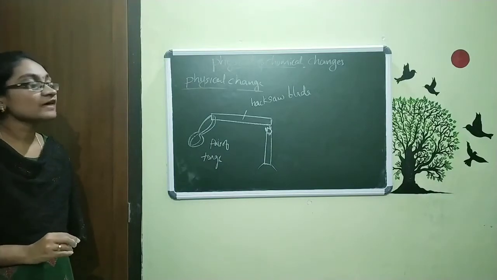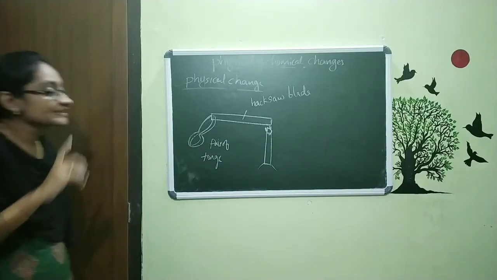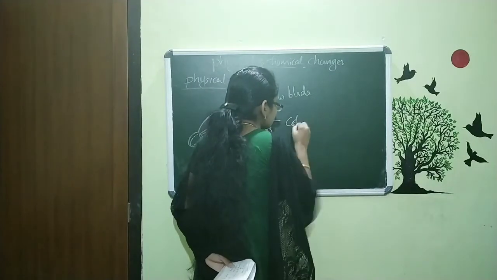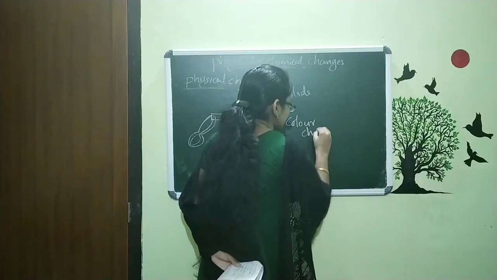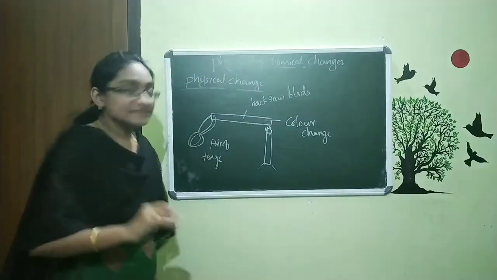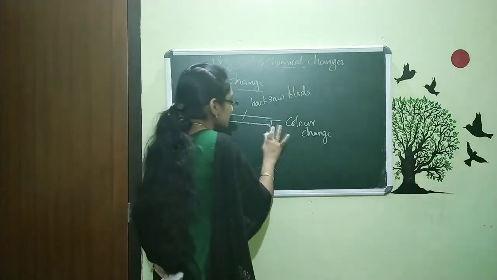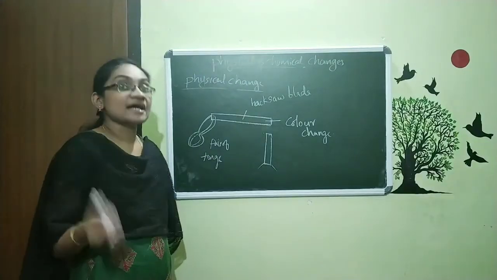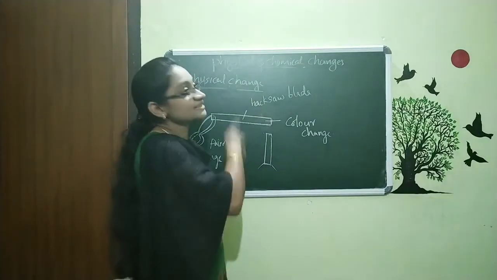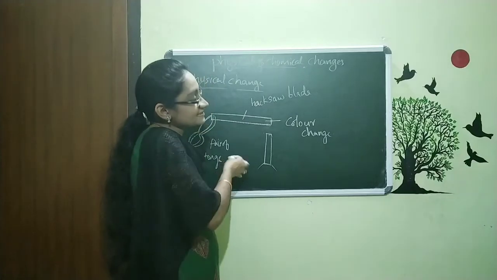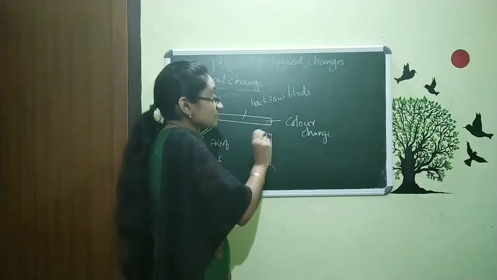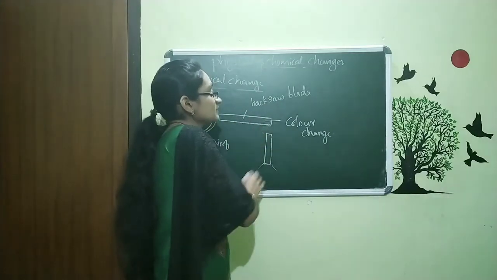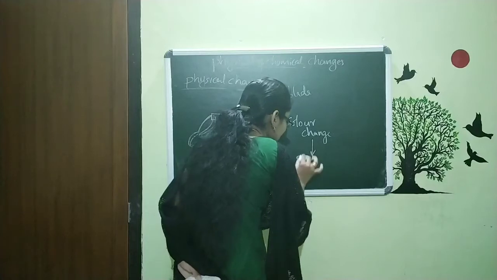And after some time, what you can see? You can see that the tip here is getting a color change. Now after some time I am just switching this off, that means there is no fire there. And after some time you can see that the previous color will come back. That means at the initial stage it has a particular color, and when we are giving fire it turns to a particular color, and when the fire is stopped then it will go back to the previous color.